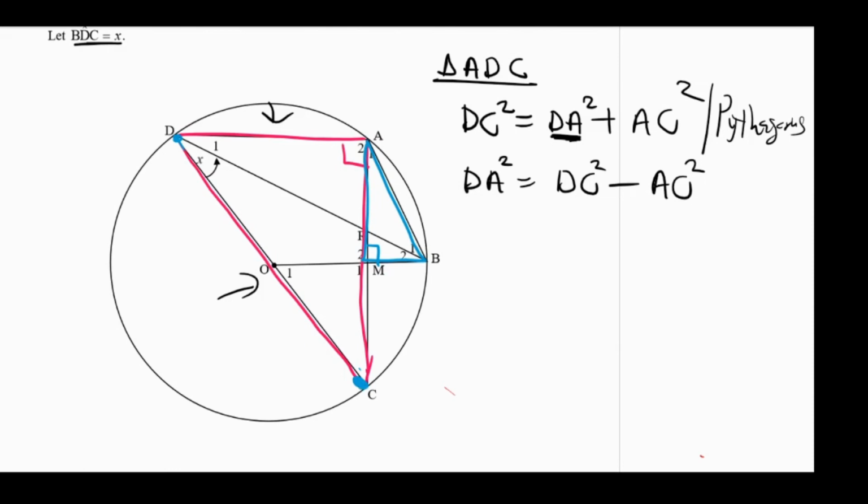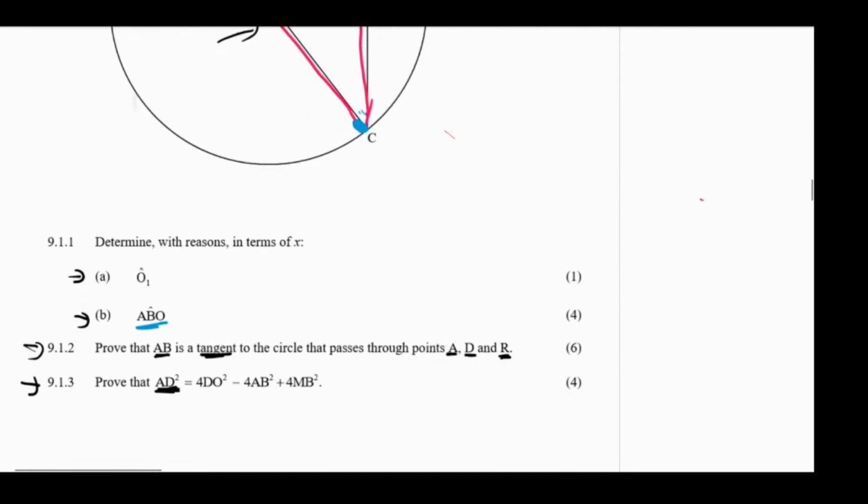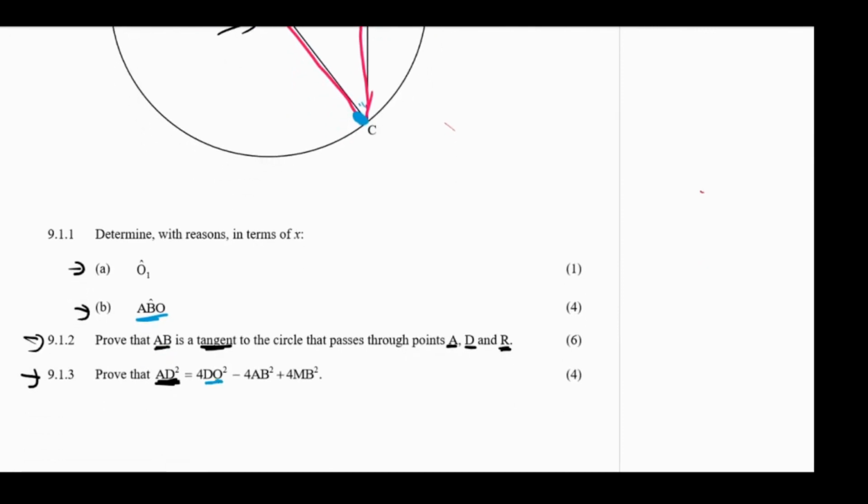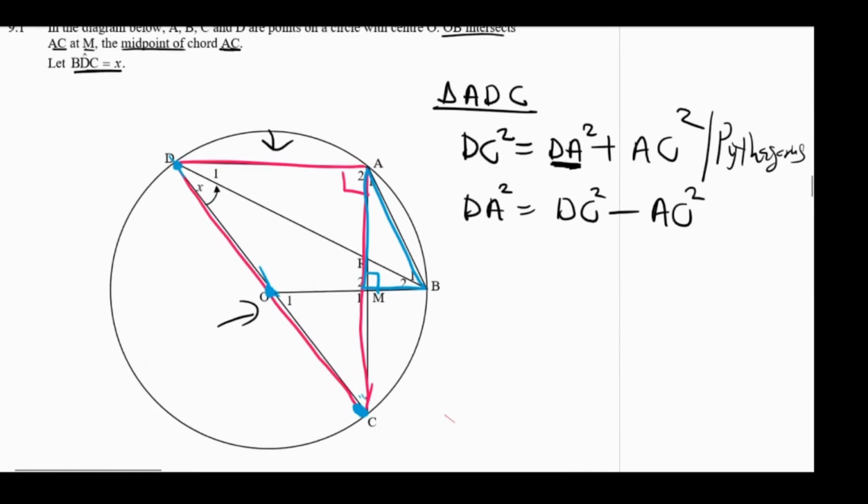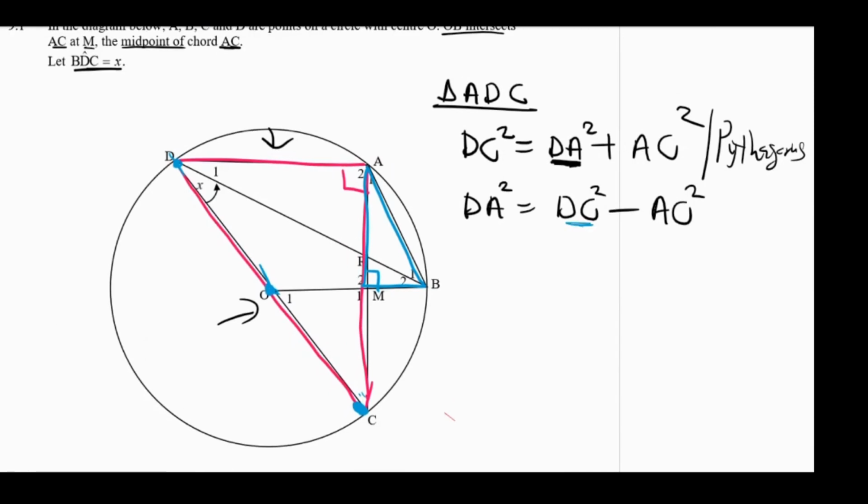And we know that DC is formed by OD and OC. So instead of writing DC, let's substitute it and put OD where there's DC. We know that DC is actually twice OD, right?